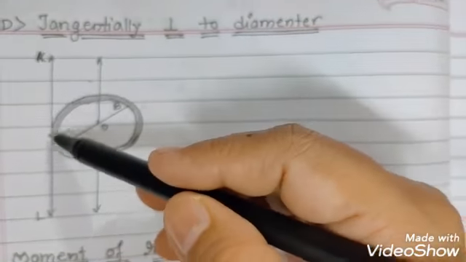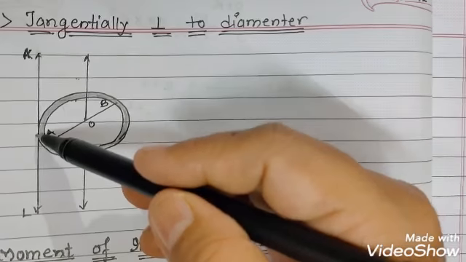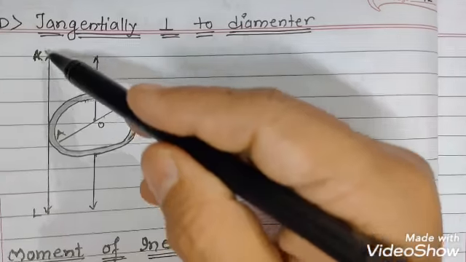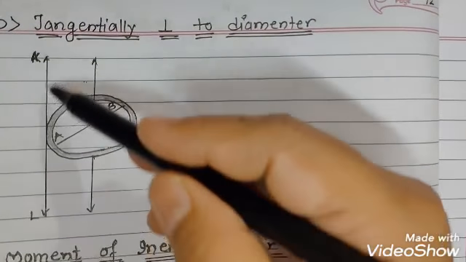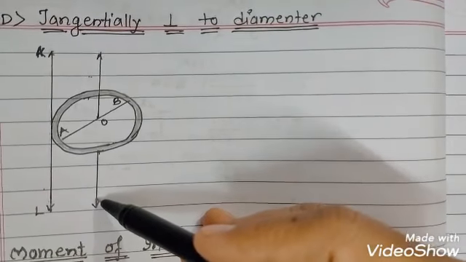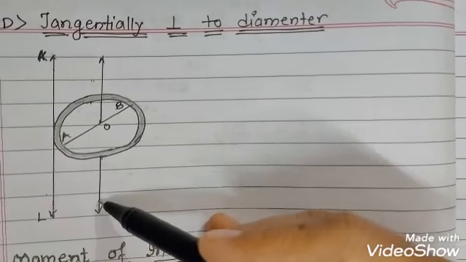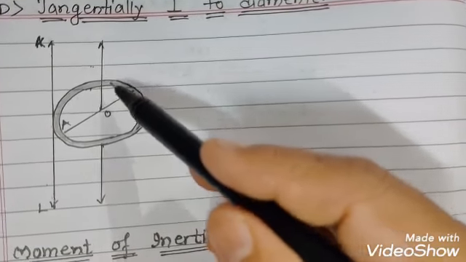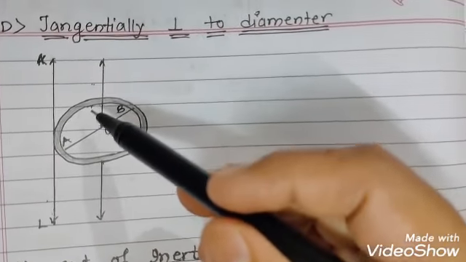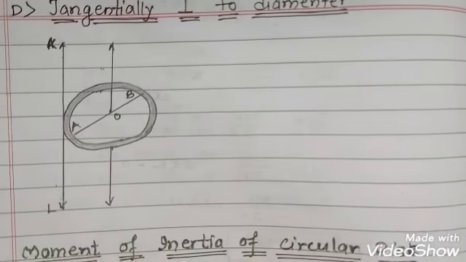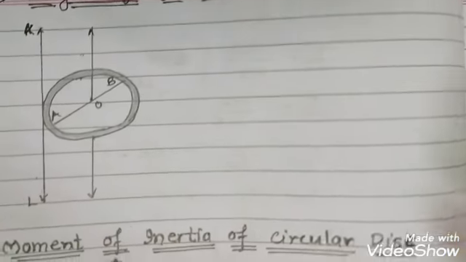This axis is passing tangentially, touching at one point on the ring, and this is perpendicular to the diameter but parallel to the axis which is passing through the center and perpendicular to the plane, which we have taken out in the first case. So here also we can apply the theorem of parallel axis.